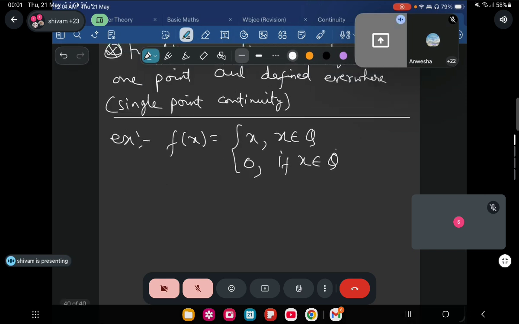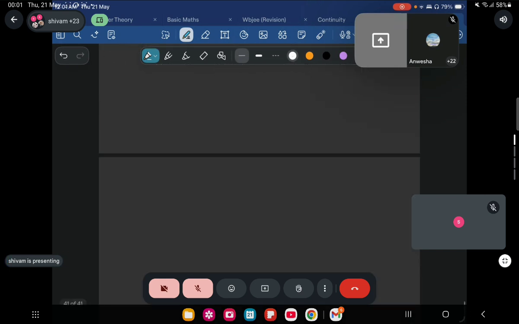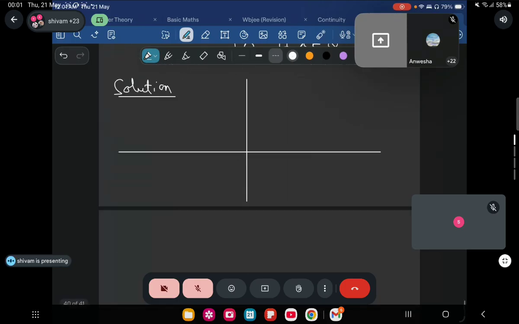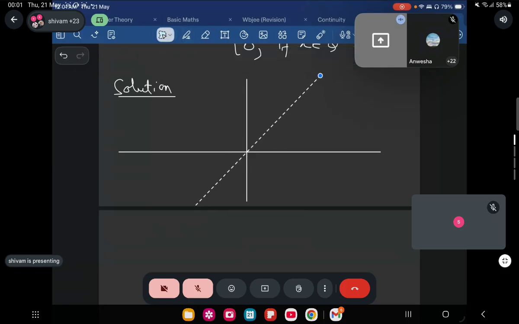Pay attention, everyone. How will the graph look? The graph will look somewhat like this. F of x equal to x means it will be a straight line, but dotted, because between every rational number there exists an irrational number, right?